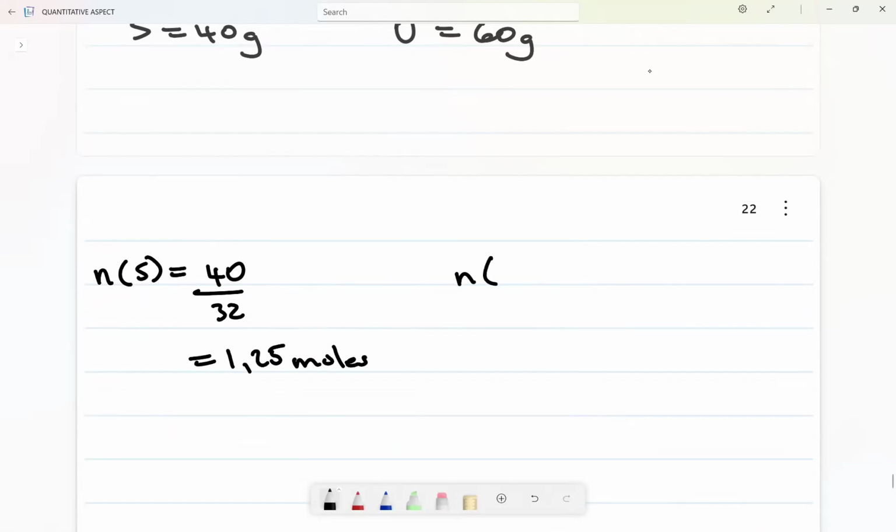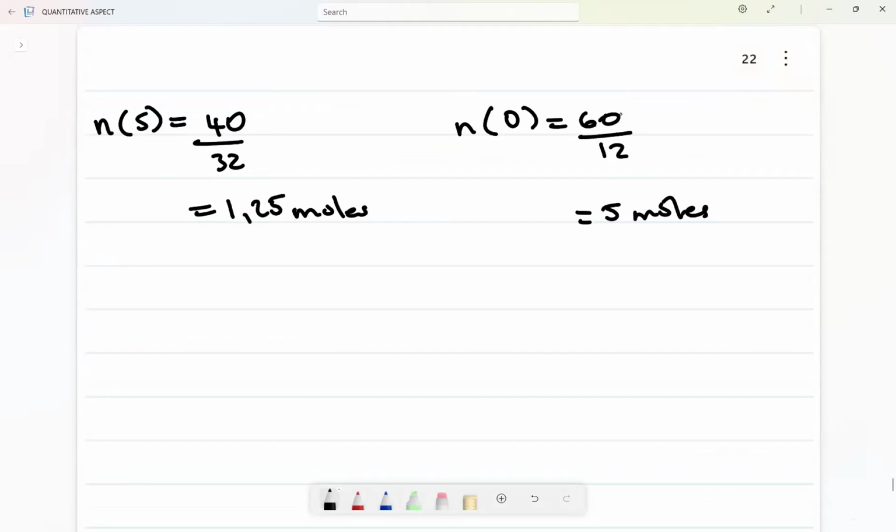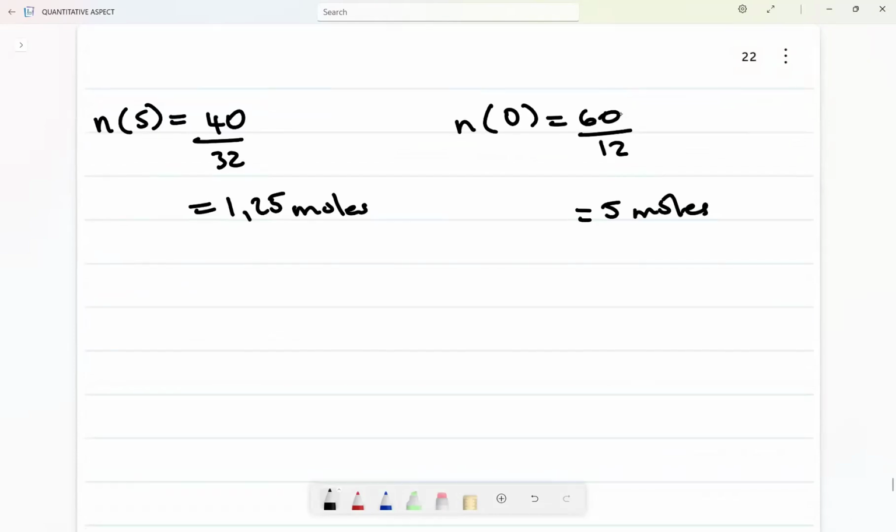Number of moles of oxygen is gonna be 60 divided by 12, which I want to believe is 5. Yes, 5 moles. What I want you to do is put number of moles of sulfur to number of moles of oxygen, and then just put them here. We are not going to be doing the limiting reagent.